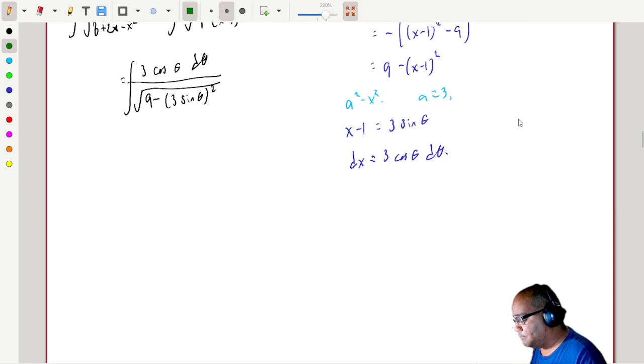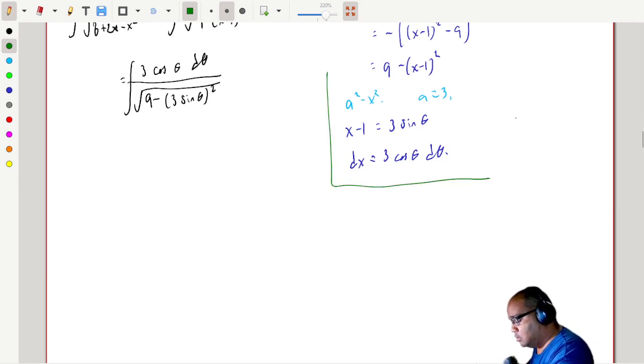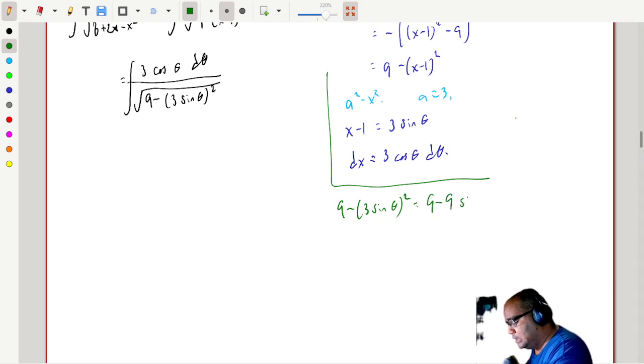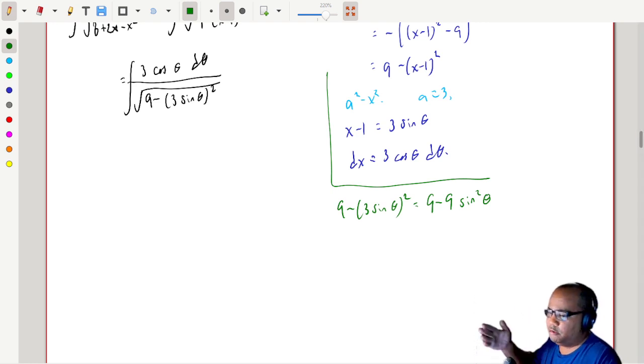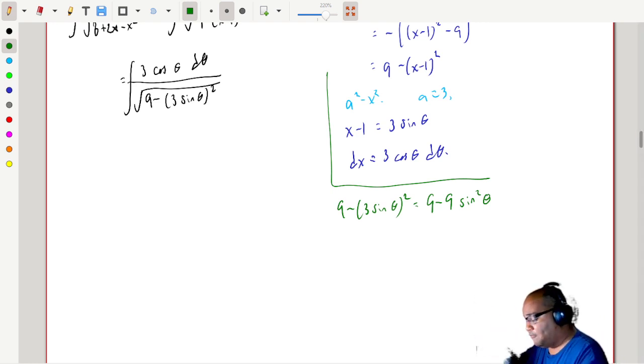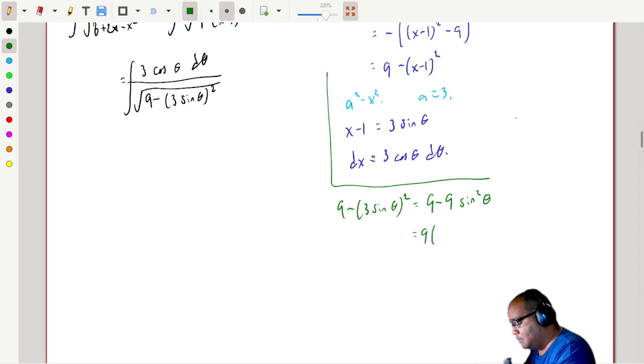Let me scroll down to give a bit more space. So the side calculation: 9 minus 3 sine of theta squared. Well, 9 minus 9 sine squared theta; just square both parts. Now I can factor out a 9, and 1 minus sine squared theta is cosine squared of theta.